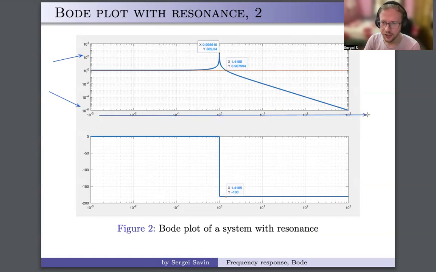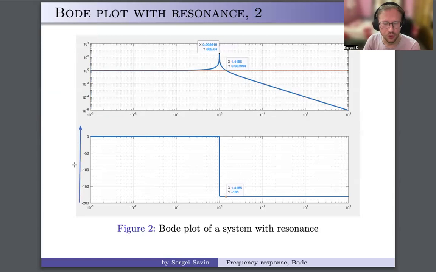This axis is frequency, this axis is amplification. This is a phase shift. So this shows in the vertical axis by how much the phase of the signal is shifted, against frequency.